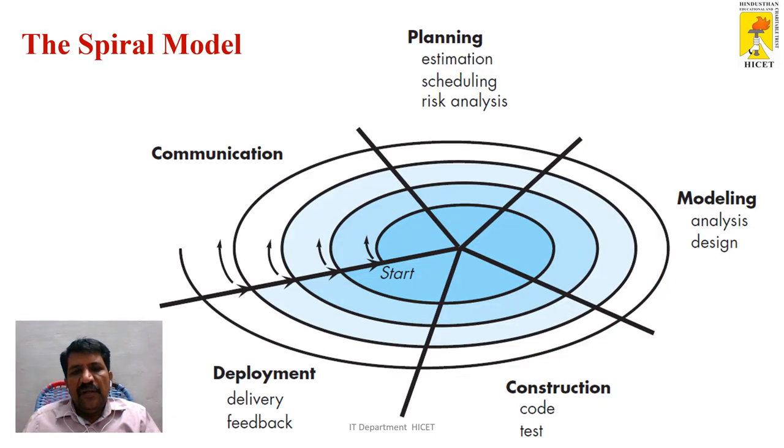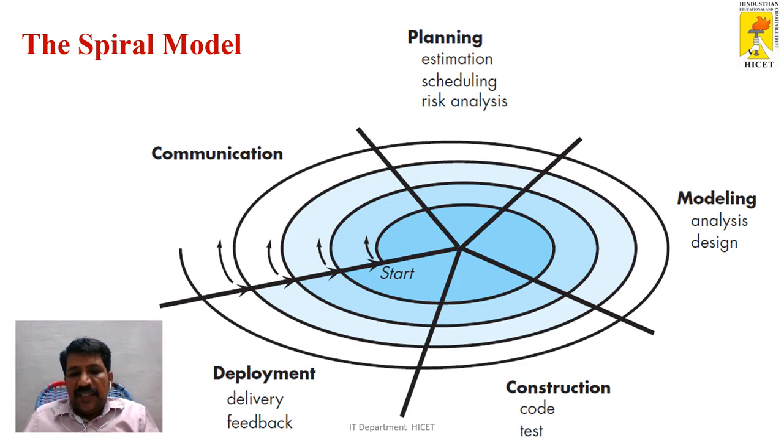The spiral model. In this model, we start with communication, then planning. In planning, in addition to the estimation and scheduling, risk analysis will be done. In the risk analysis, the customer and the developer identify what risks may happen in the project, and according to that they follow the modeling, construction, deployment, everything.